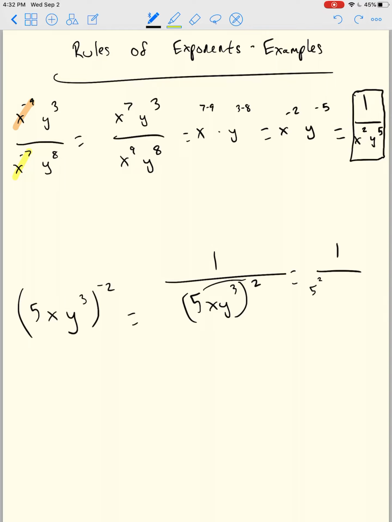This x to the nothing is the same as writing x to the first, right? If there's nothing there. So using that power rule, we can say x to the 1 times 2, and then y to the 3 times 2. So I'm going to rewrite that as 1 over 25x squared y to the 6th.